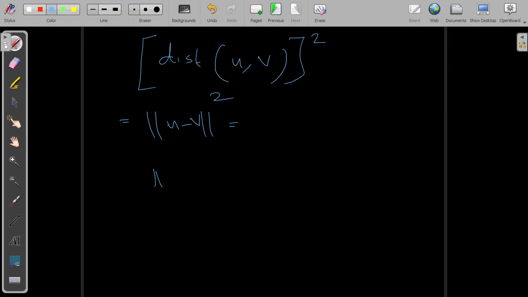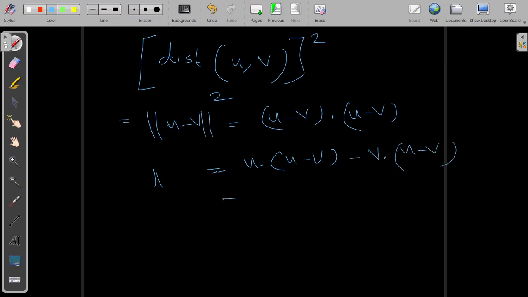Norm u minus v square means u minus v inner product u minus v. That will be equal to u inner product u minus v, minus v inner product u minus v. That's equal to u inner product u minus u inner product v minus v inner product u plus v inner product v.